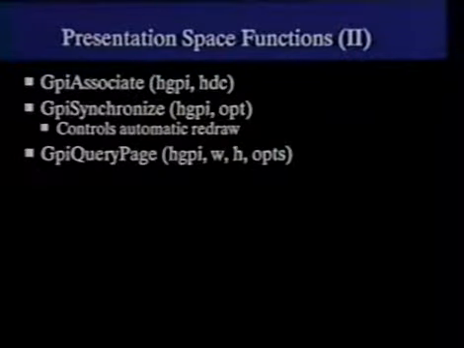When you want to make use of a device context which you have obtained through other functions, you can associate a device context with a presentation space. And finally, when you're actually doing drawing, which may be done asynchronously, as we'll see in a bit, you can synchronize that drawing with the rest of the activities in your message processing loop using the GPI synchronize function.